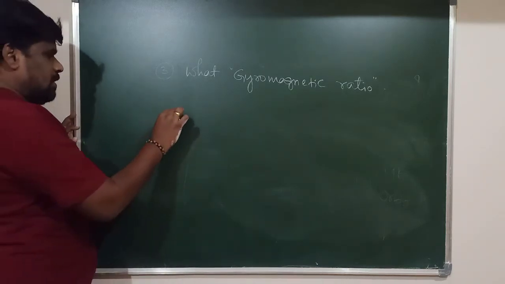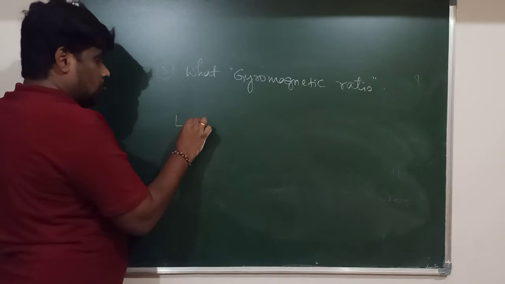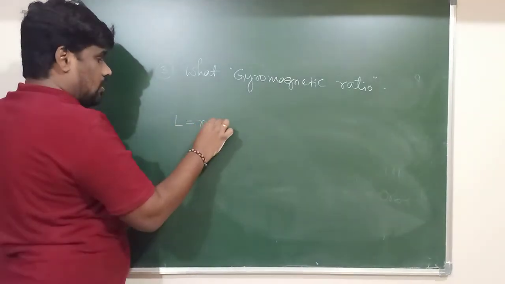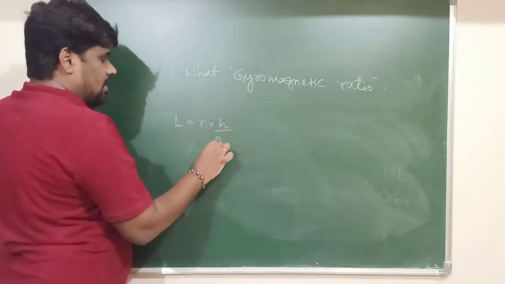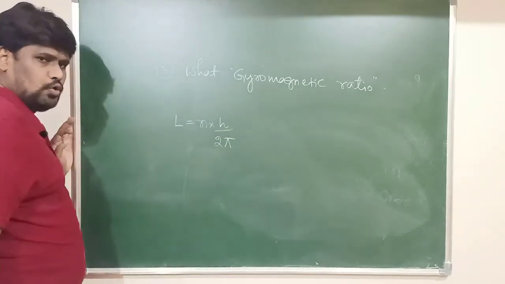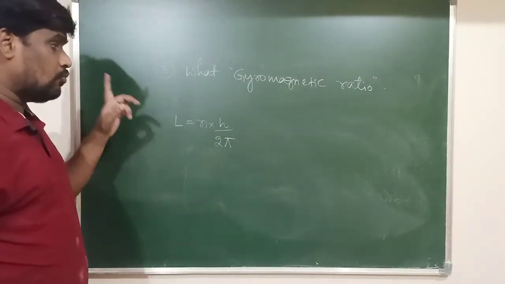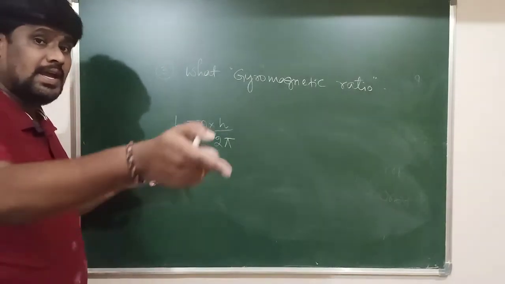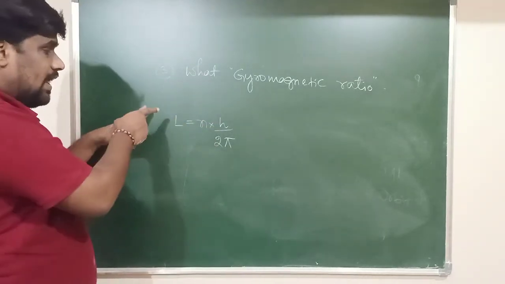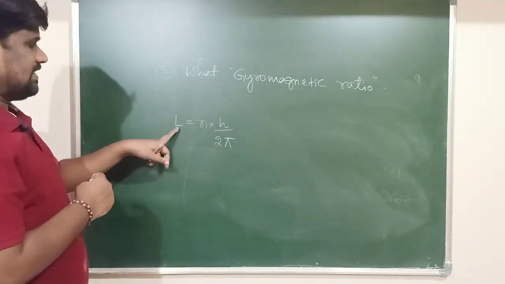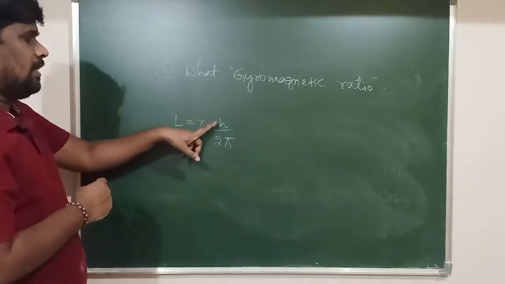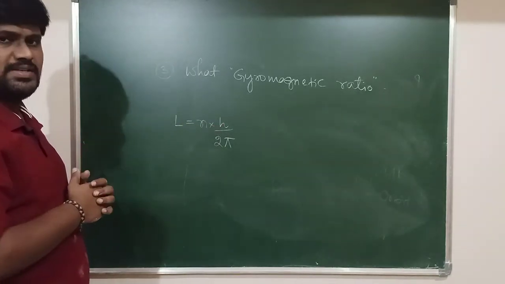According to the Bohr's atomic model, the angular momentum of the revolving electron is given by n into h divided by 2 pi. Angular momentum of the electron in an orbit at which electron is revolving is given by L is equals to n into h divided by 2 pi. What is n here?